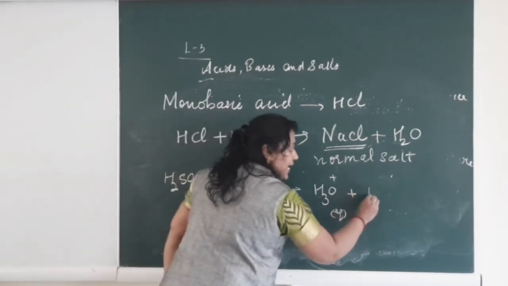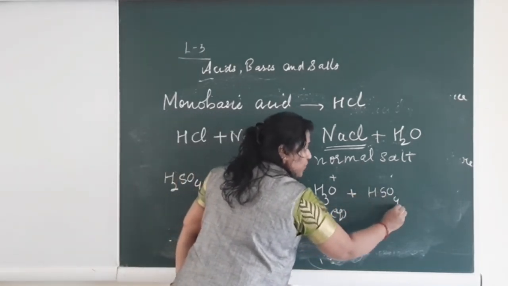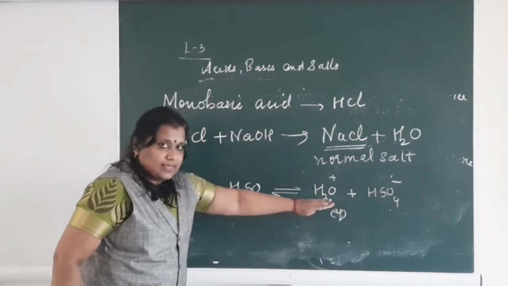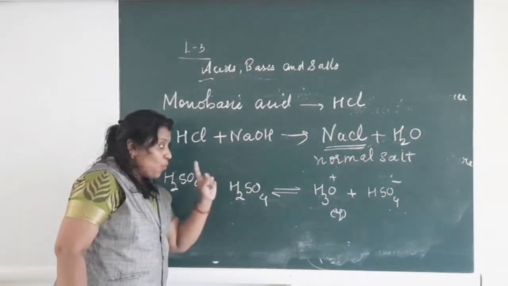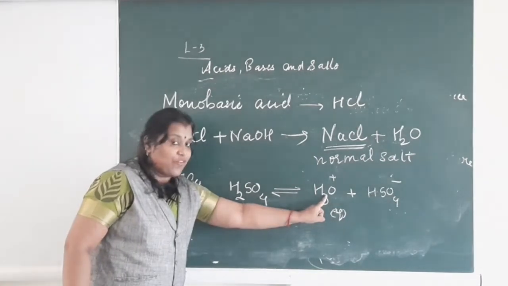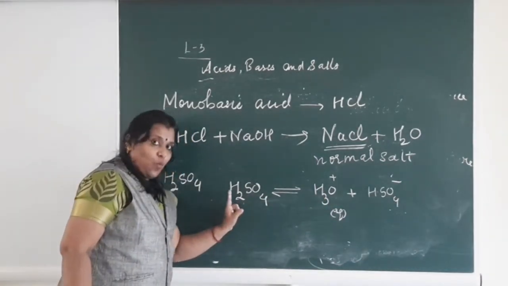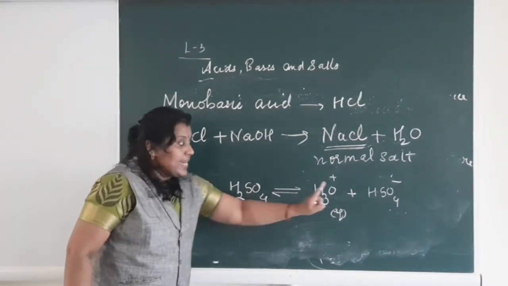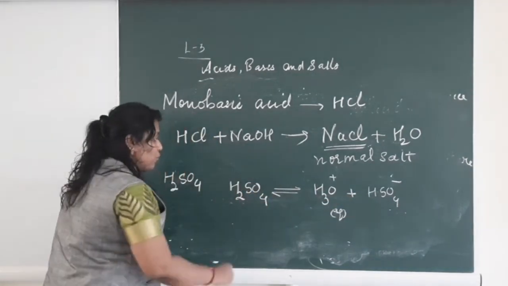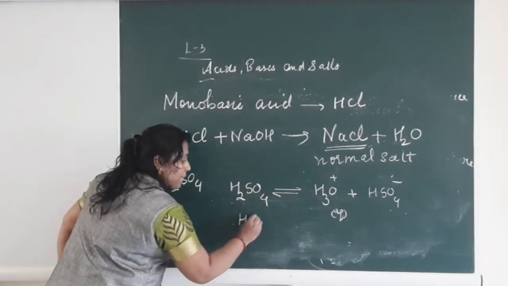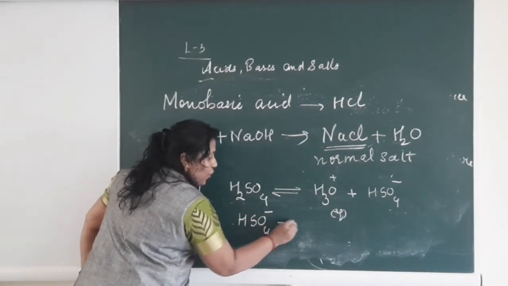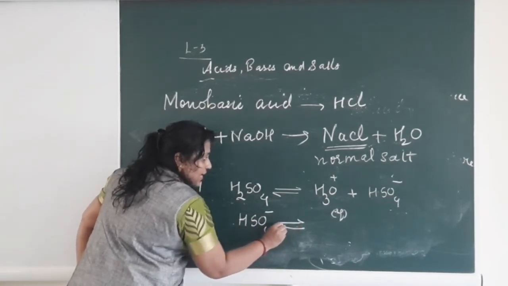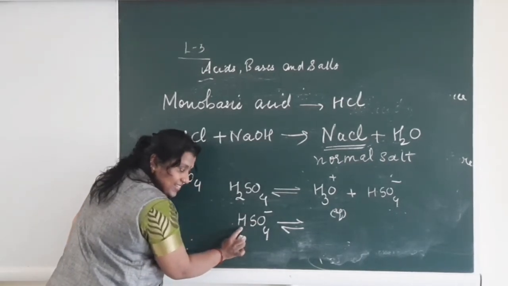It is HSO4 minus. This is showing the removal of 1 H plus ion in the form of hydronium ion. Now, you can also show the removal of the next H plus ion.